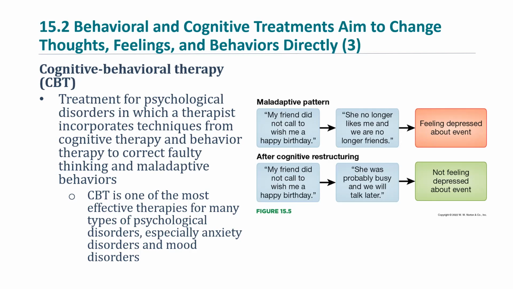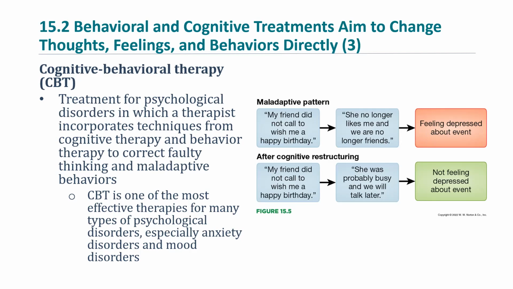CBT combines the two, because if you can change a person's thinking as well as their behaviors at the same time, it's going to lead to a more positive and drastic change. CBT is one of the most effective therapies for many types of psychological disorders, especially anxiety disorders and mood disorders.